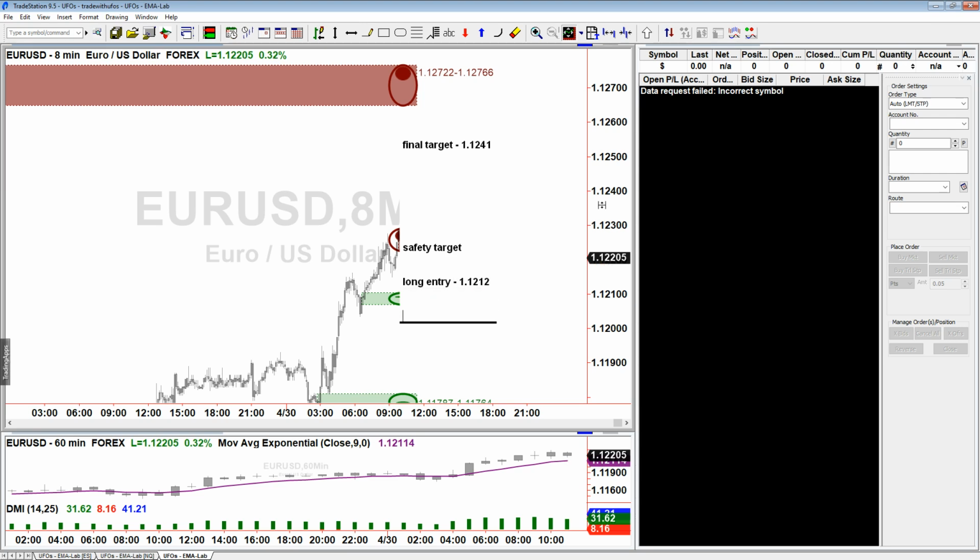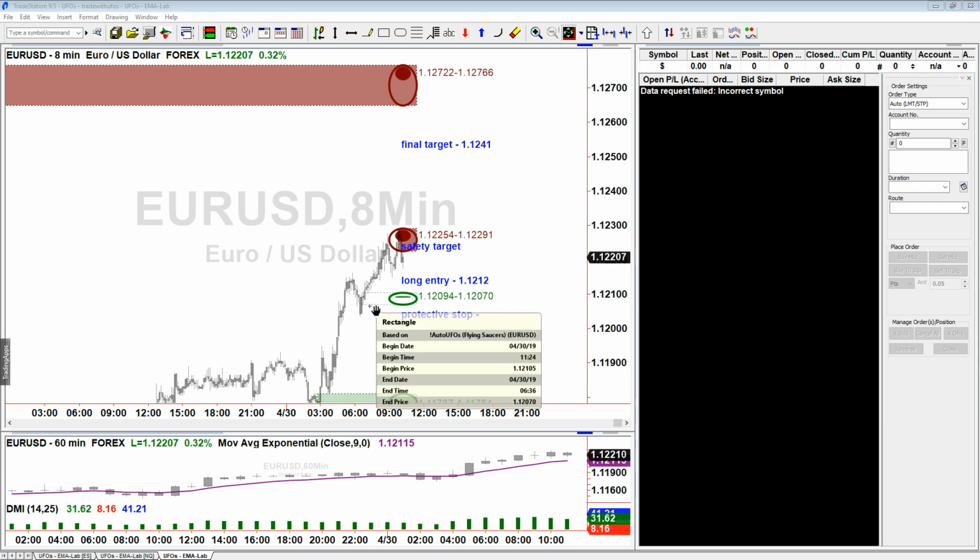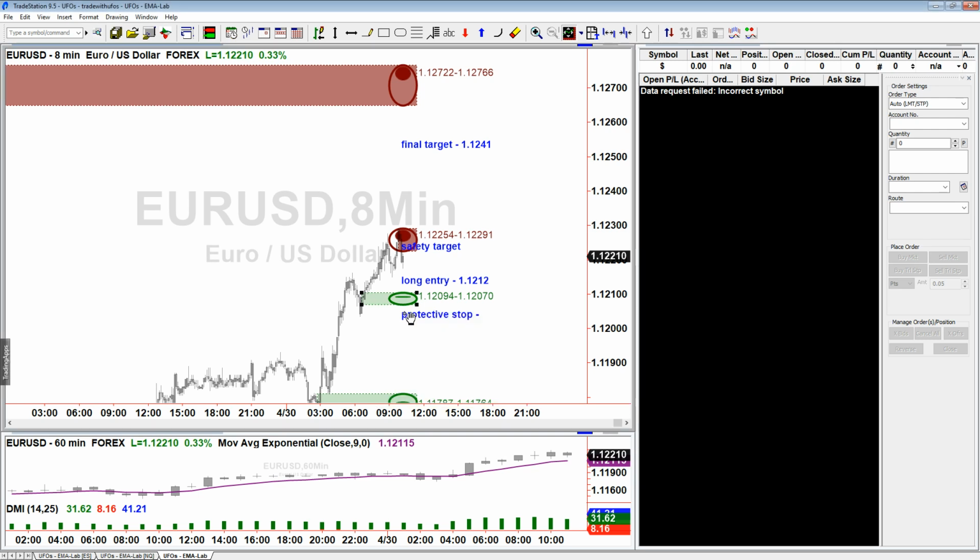Then we're going to need to use a protective stop to protect the trade, and this will need to be located at, changing colors, the bottom part of this green box, which is 112.07. So we're going to make it a few pips lower than that.